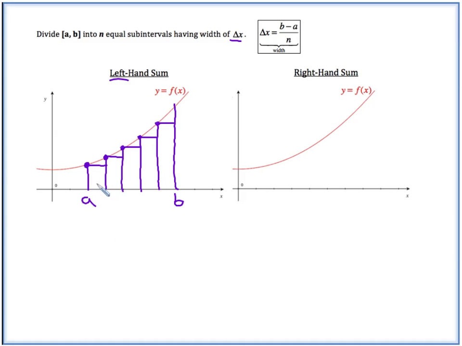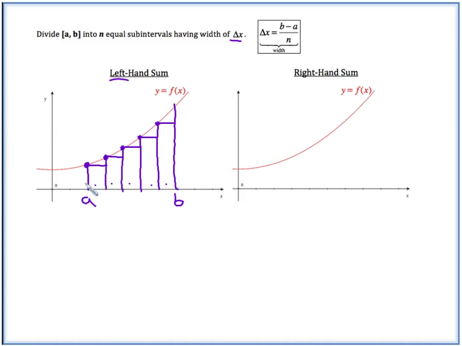So what we're talking about is if I can find the area of all of these rectangles and then add them up, that's going to be an approximation that's slightly under the area that we're looking for. And you can see here, we got this little bit of extra area that we're not accounting for right there. Now it does say as we increase the number of intervals, this amount of wasted area or missed area is going to decrease. So let's talk about how we would find the area of these rectangles.